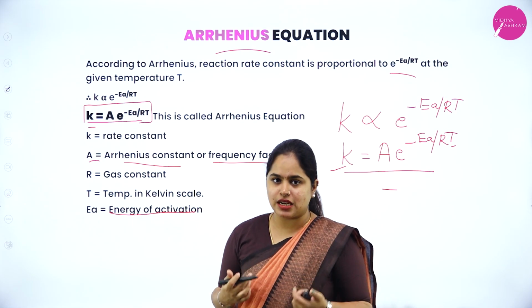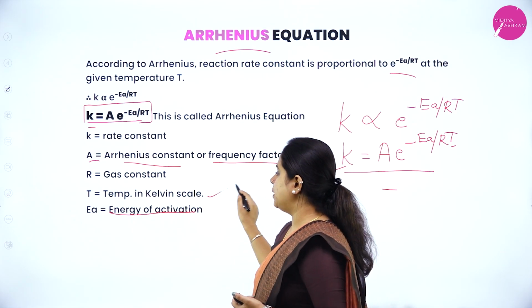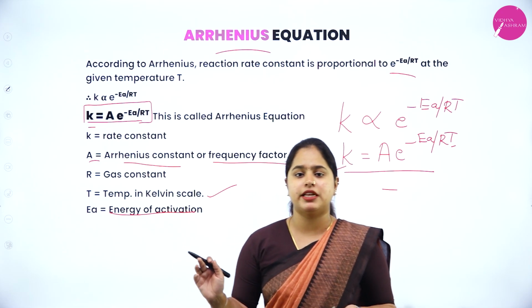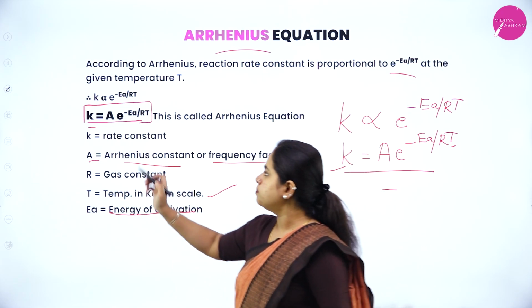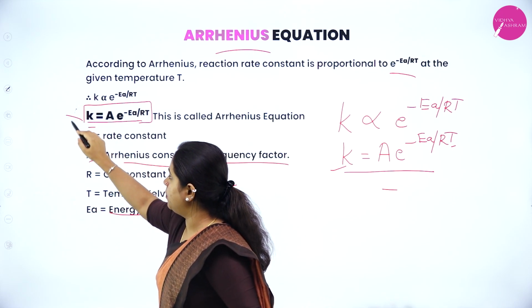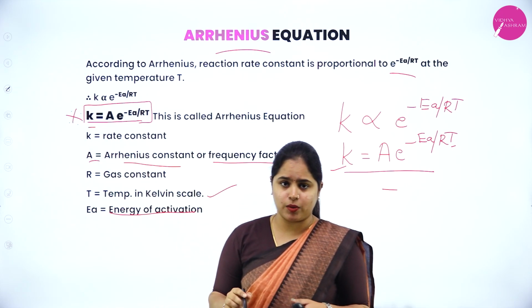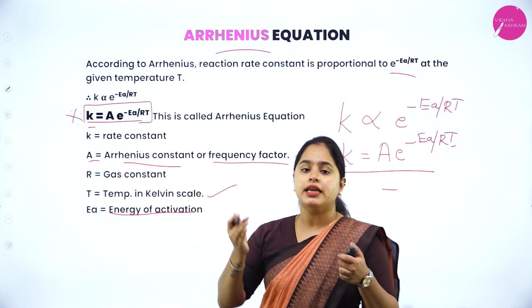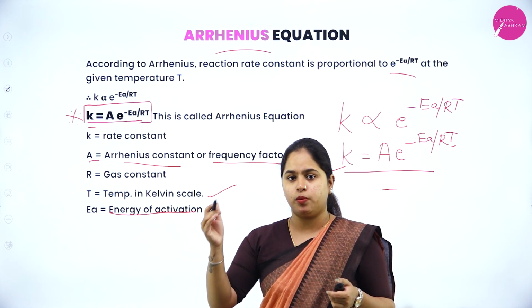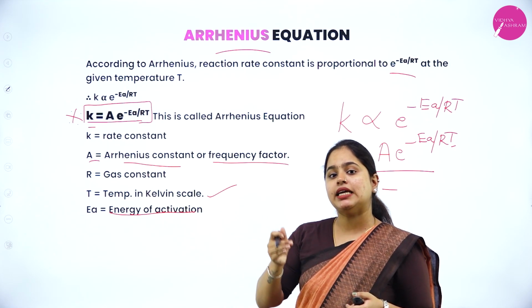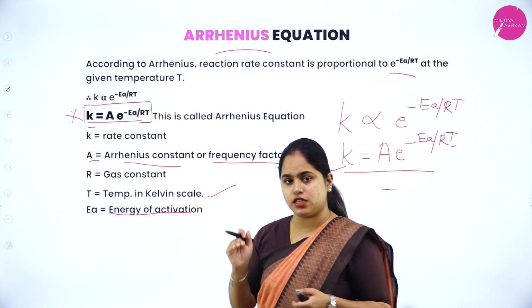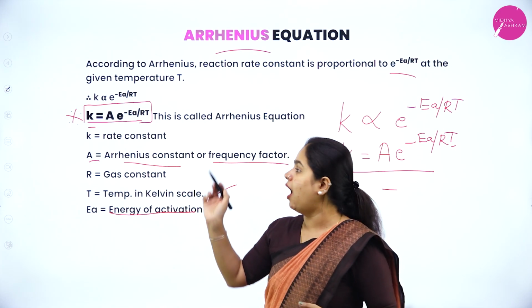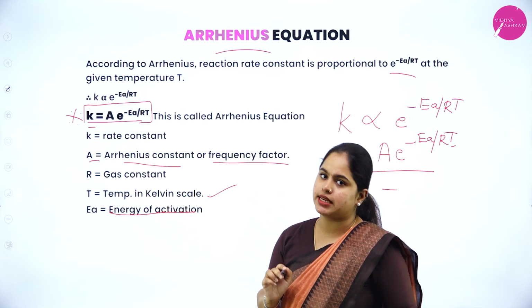R is the universal gas constant and T is the temperature in Kelvin scale, the SI unit. This equation is very important, and it is called the Arrhenius equation. Again, it gives a relationship between the rate constant and temperature. k is equal to A into e raised to minus Ea by RT. k is the rate constant, A is the frequency factor or Arrhenius constant, Ea is the activation energy, R is the universal gas constant, and T is the temperature.